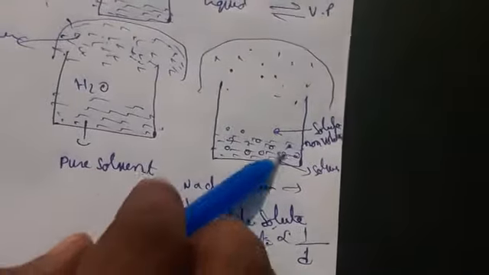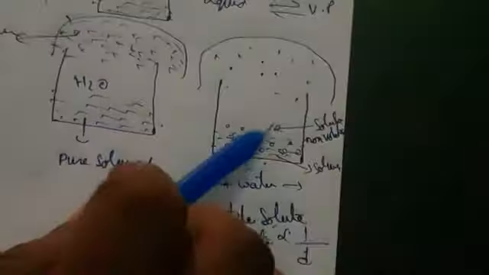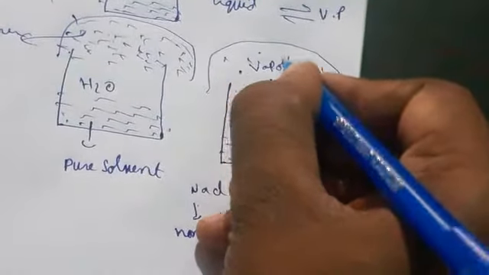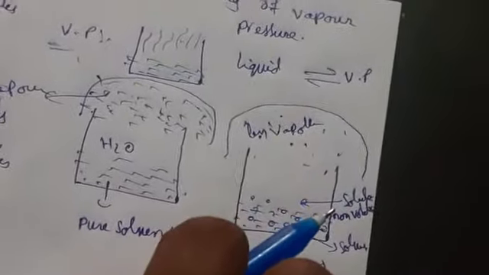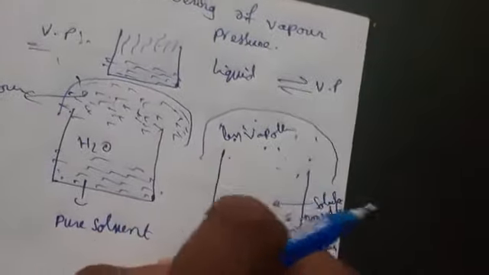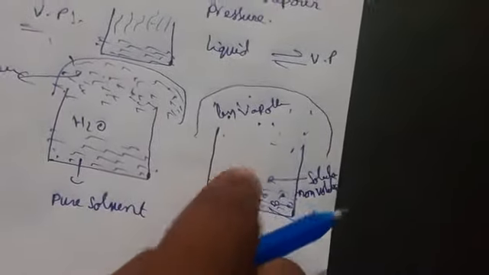This NaCl attracts the water molecules and forms very little vapor. So that's why, because of the addition of non-volatile solute to the solvent, it has very low vapor pressure. This is the reason we have very little vapor pressure.